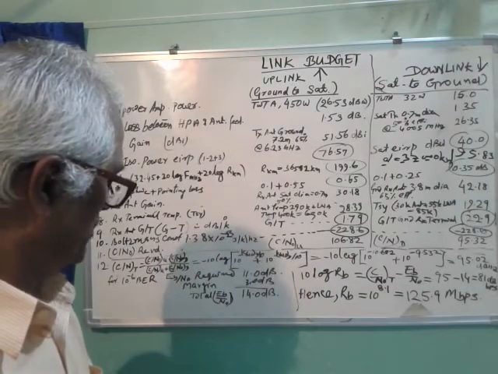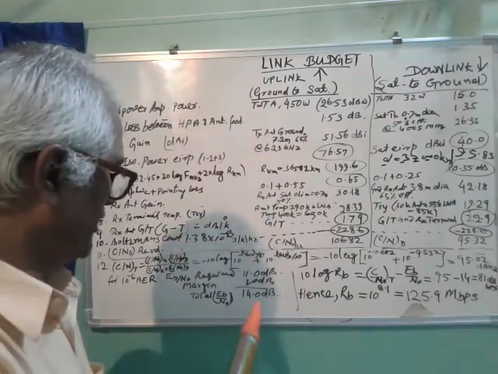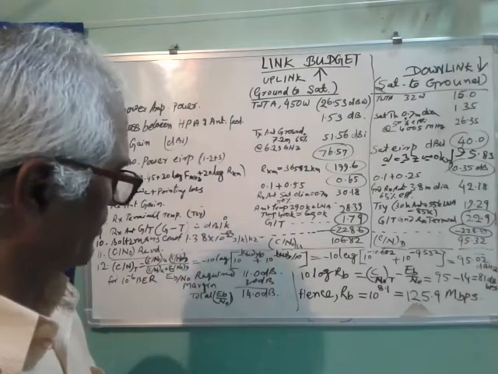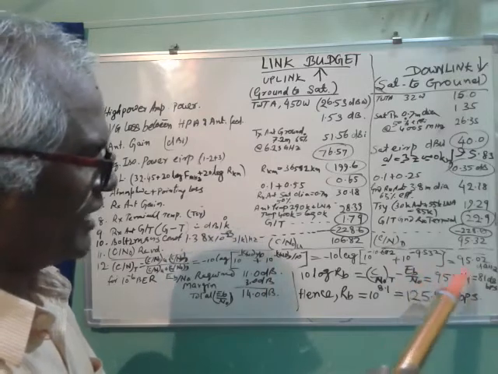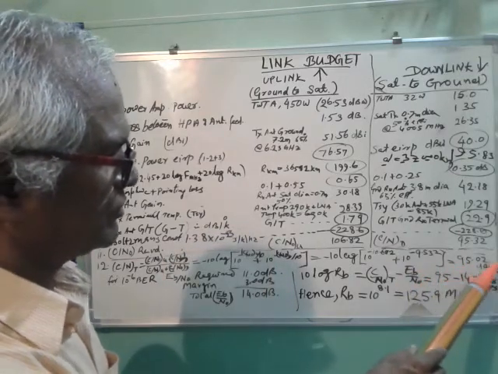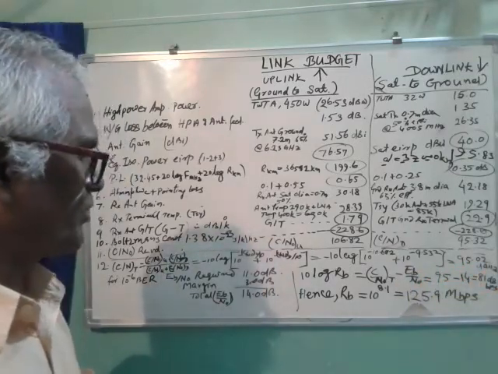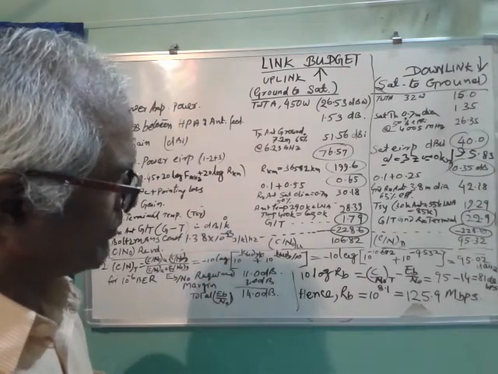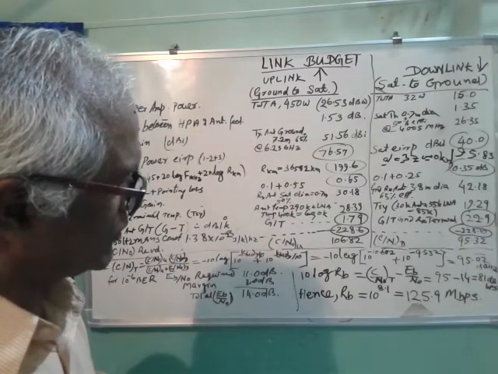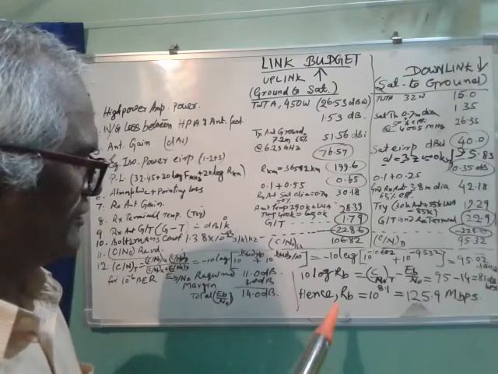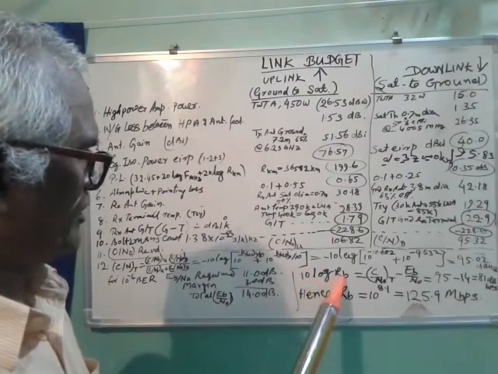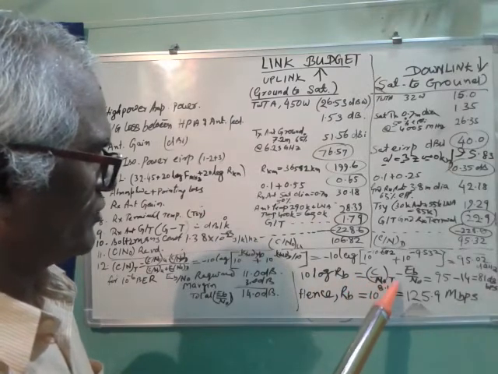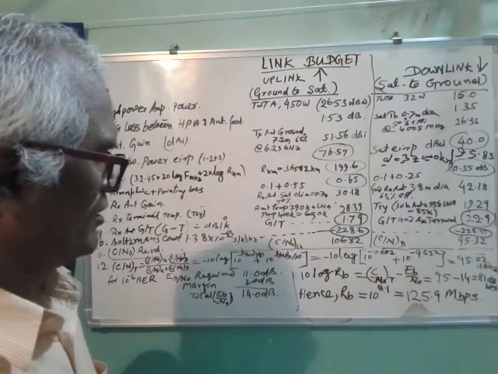Then we want Eb by N naught of 14 dB for processing the information. If we want 14 dB Eb by N naught and we have achieved 95.02 dB hertz, then how much information we can transmit? That is 10 log information rate is equal to C by N naught total minus Eb by N naught required.